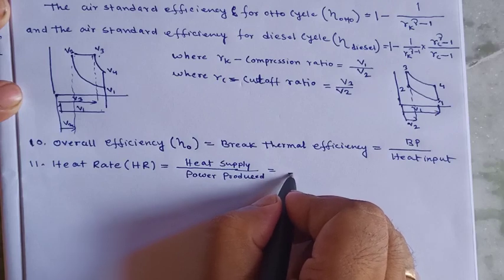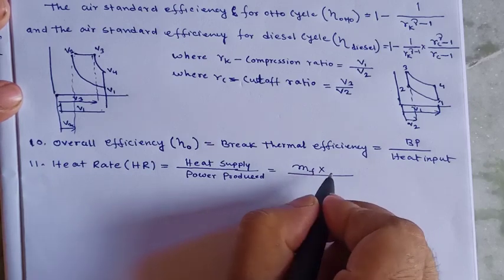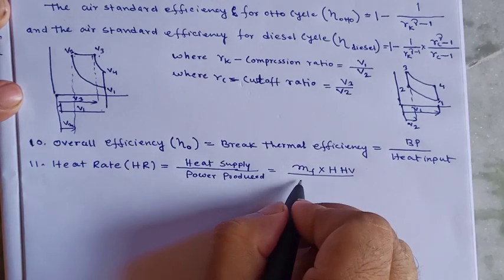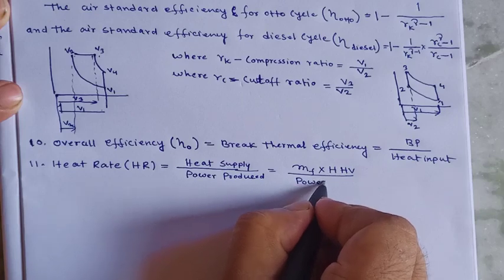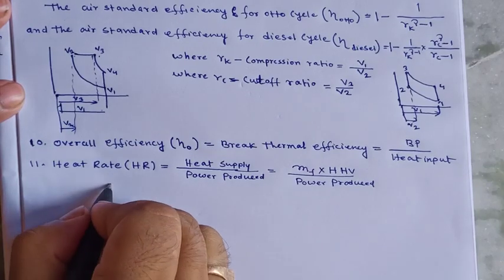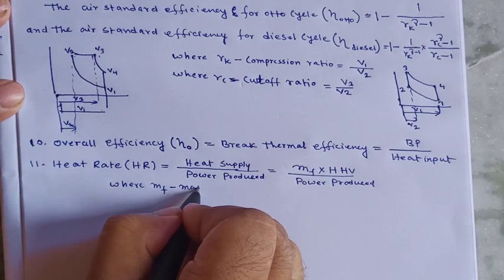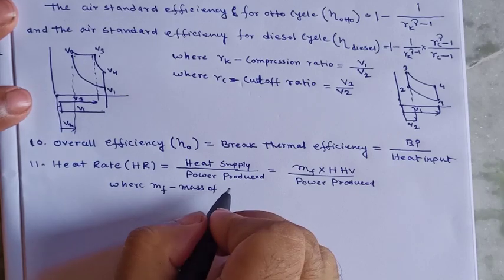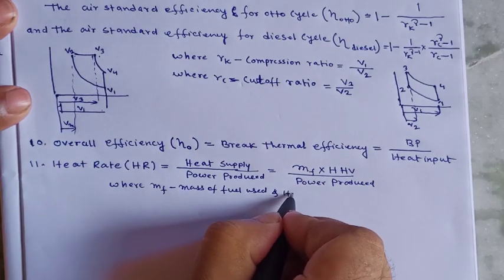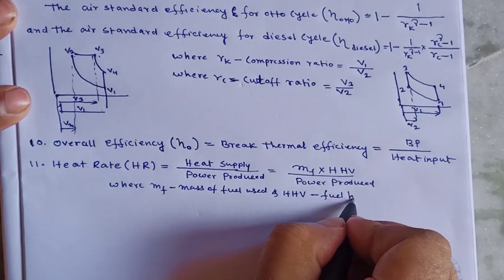It is the mass of fuel mf into calorific value, that is HV, divided by power produced, where mf is the mass of fuel used and HV is the fuel heating value.